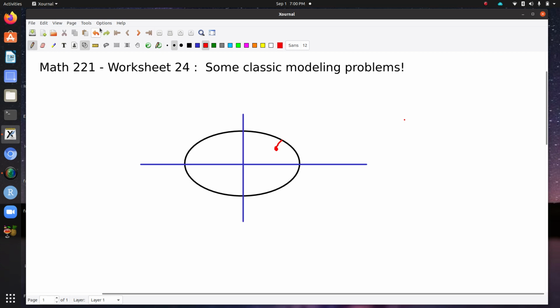I'm having trouble drawing this, but let me think of it this way. Okay, so if there's a point on the normal right there, and if you draw a perpendicular right here, I don't know why my pen never wants to cooperate with me. There we go.